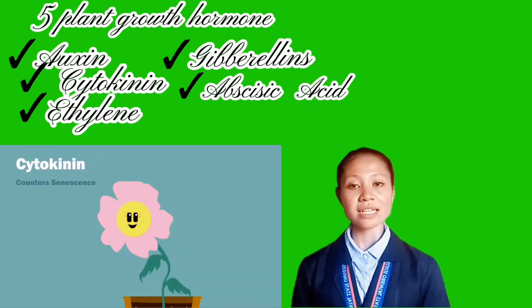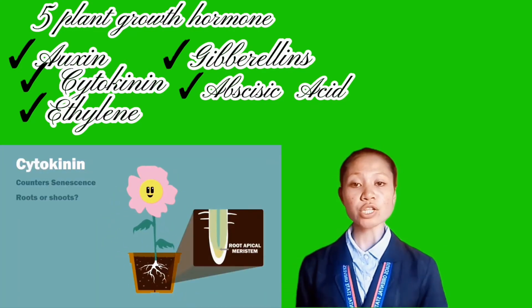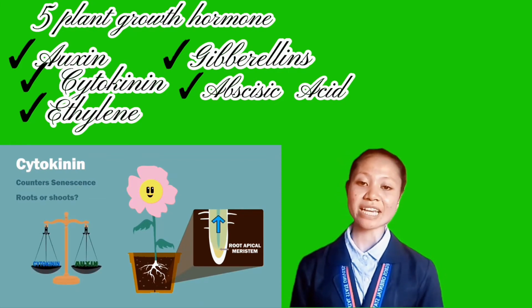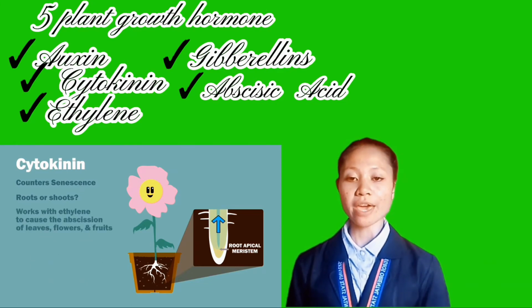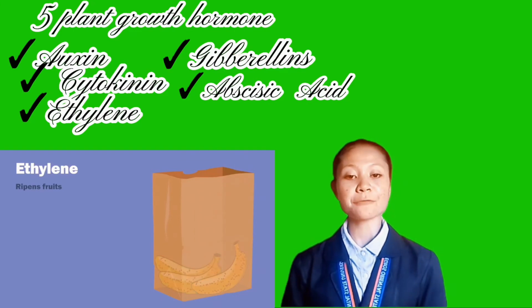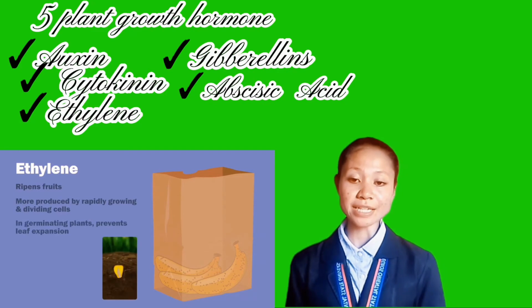Next, which is the cytokinin. So cytokinin is produced in roots and seeds, and is responsible for cell division and differentiation. So next, which is ethylene, produced by ripening fruit. It stimulates flowering and ripening.